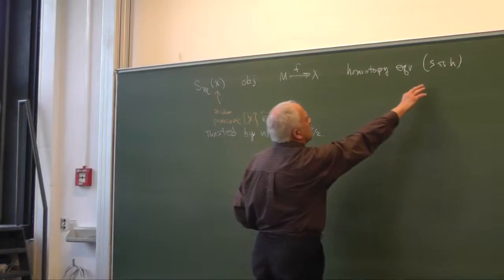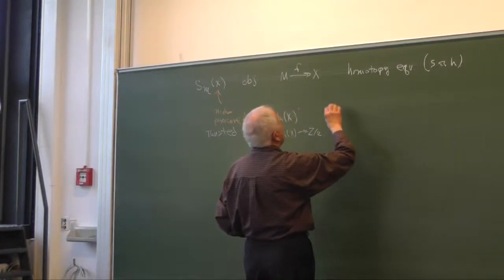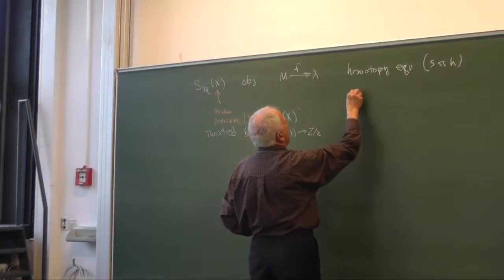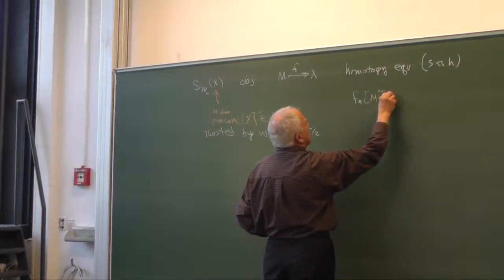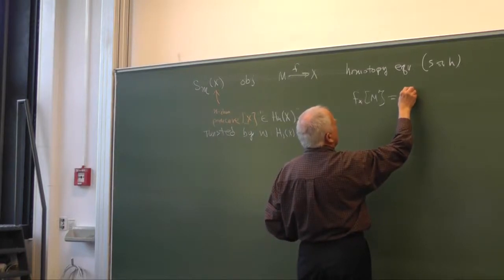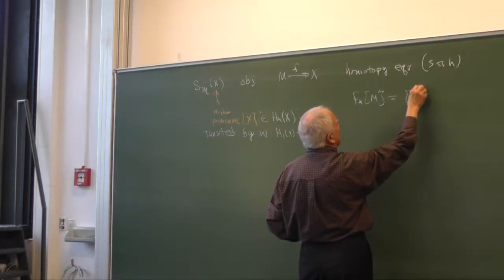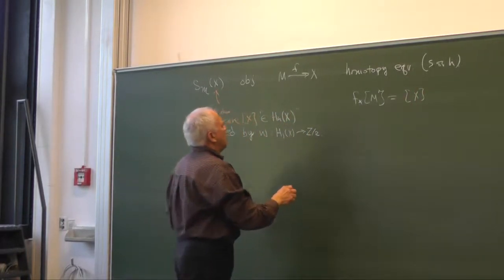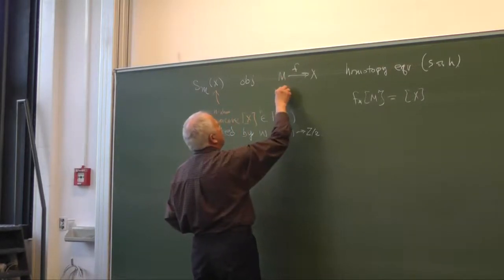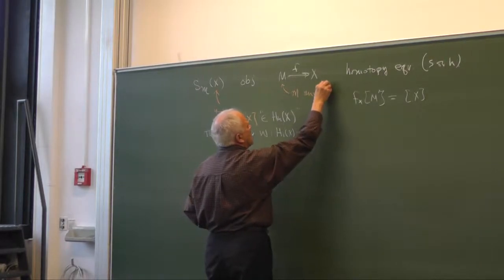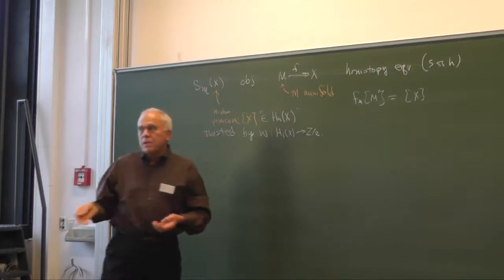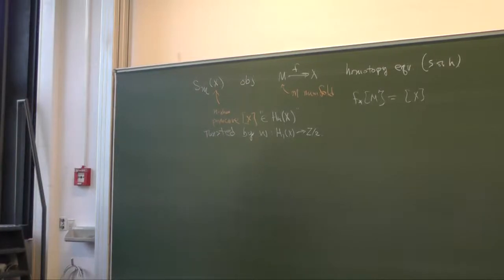This is a homotopy equivalence, and we want that the image of the fundamental class of M is equal to the fundamental class of X. And M is a manifold, smooth, PL, or topological.